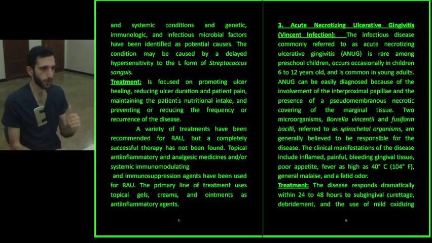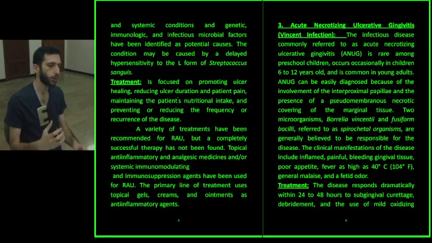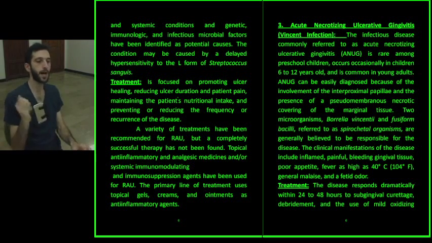They are referred to as spirochetal organisms, and are generally believed to be responsible for the disease. The clinical manifestations include inflamed, painful, bleeding gingival tissue, poor appetite, fever as high as 40 Celsius, general malaise, and fetid odor. Fetid odor means bad odor.